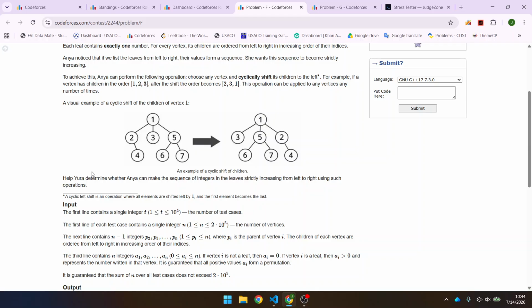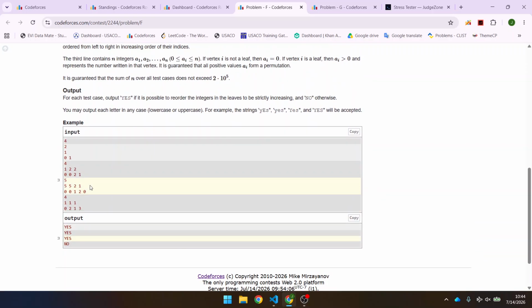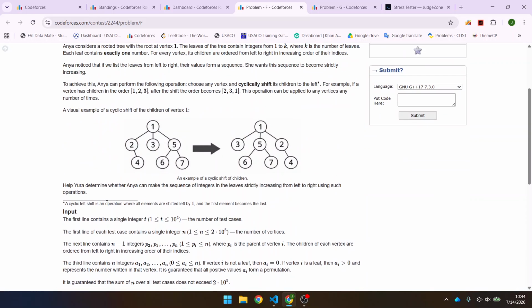So you can shift them. Okay, so you shift them.